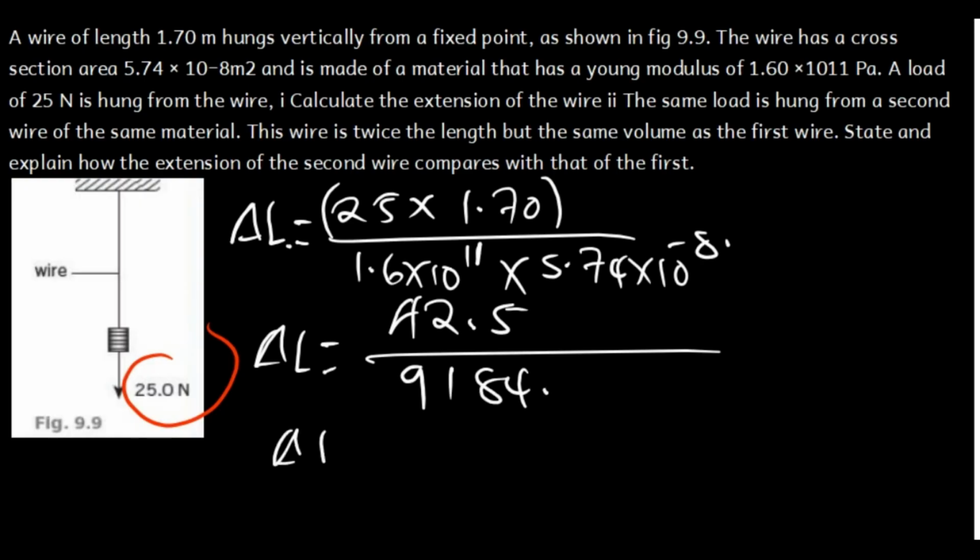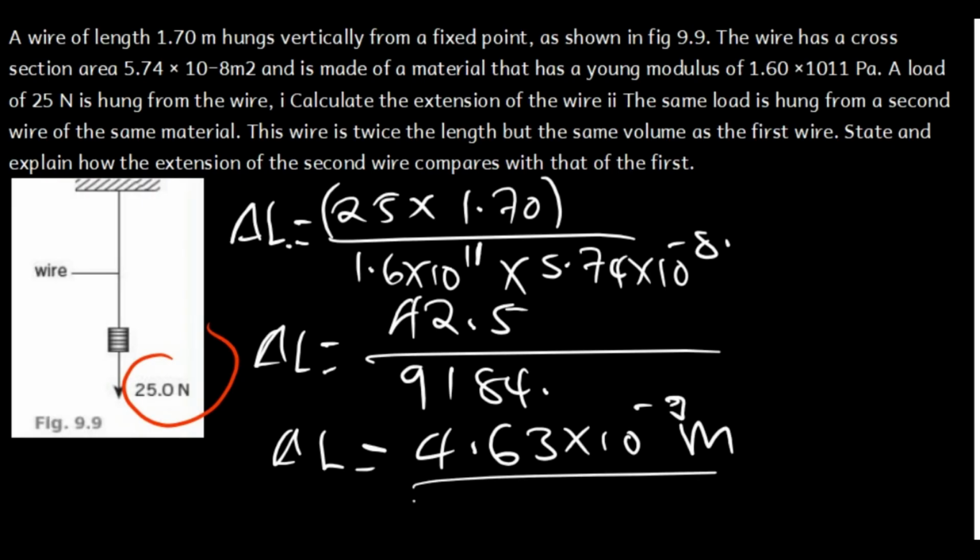So our extension is going to be 42.5 divided by 9184. I can put it in scientific notation, and this is going to give me 4.63 times 10 raised to the power negative 3 meters. So this is our extension.